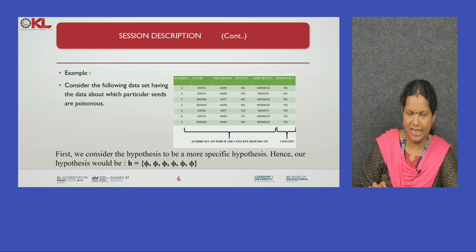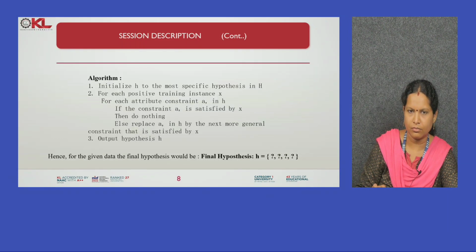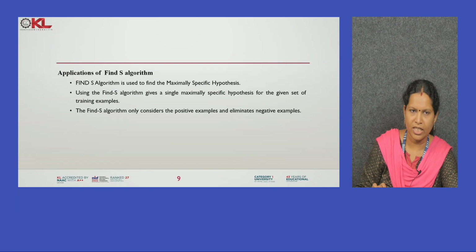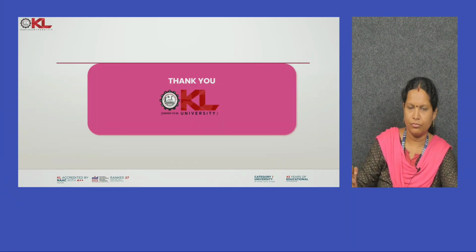For each hypothesis we compare the given attribute with the initial attribute and replace it with the question mark, which means a general hypothesis, until all the training examples are complete. So this is all about the Find S algorithm. Thank you.